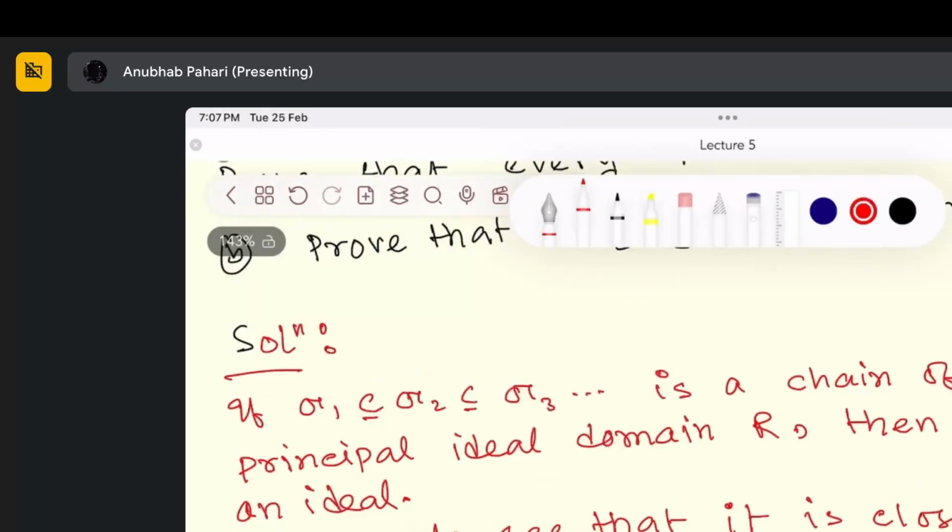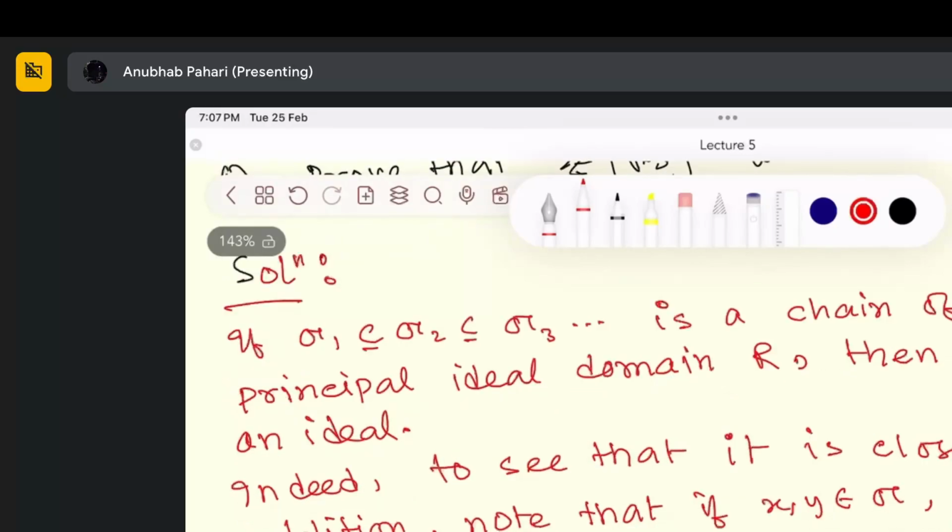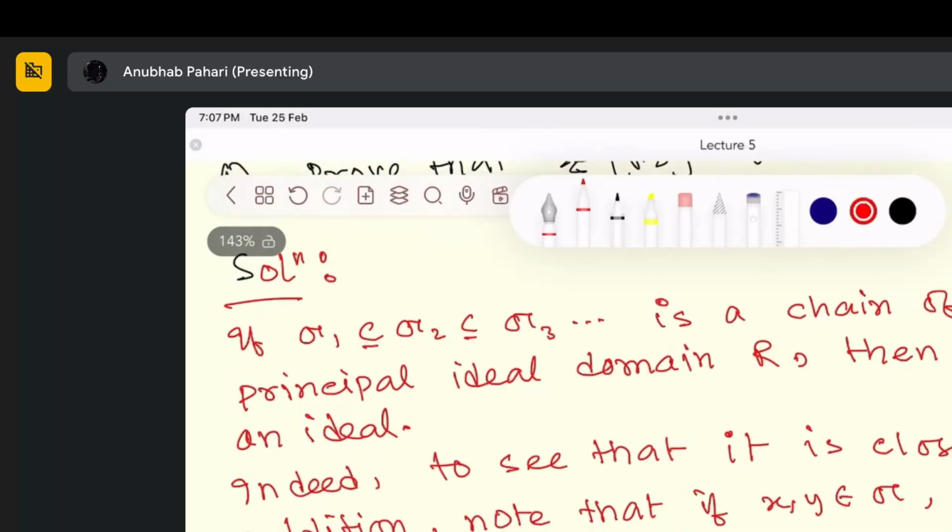Now without loss of generality, i is less than or equal to j, so x belongs to Aj, and so x plus y belongs to Aj, a subset of A.